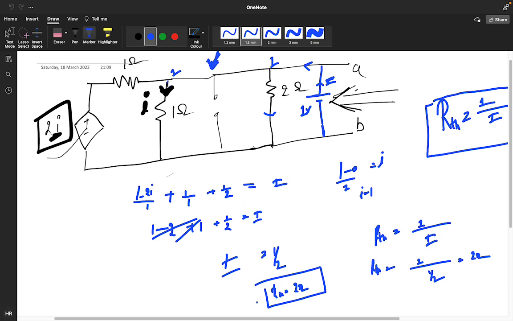Before moving to the next topic, you just try this question. We had completed this part.